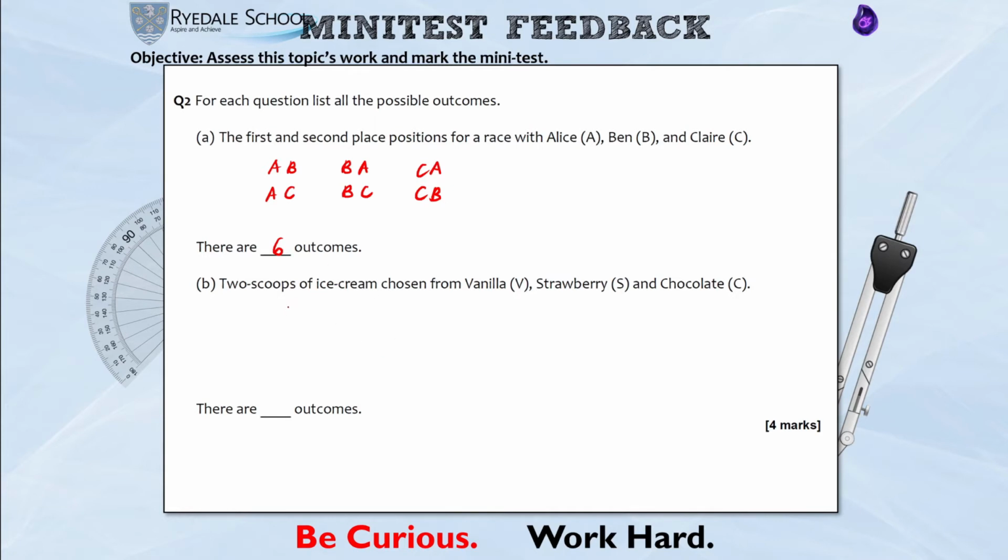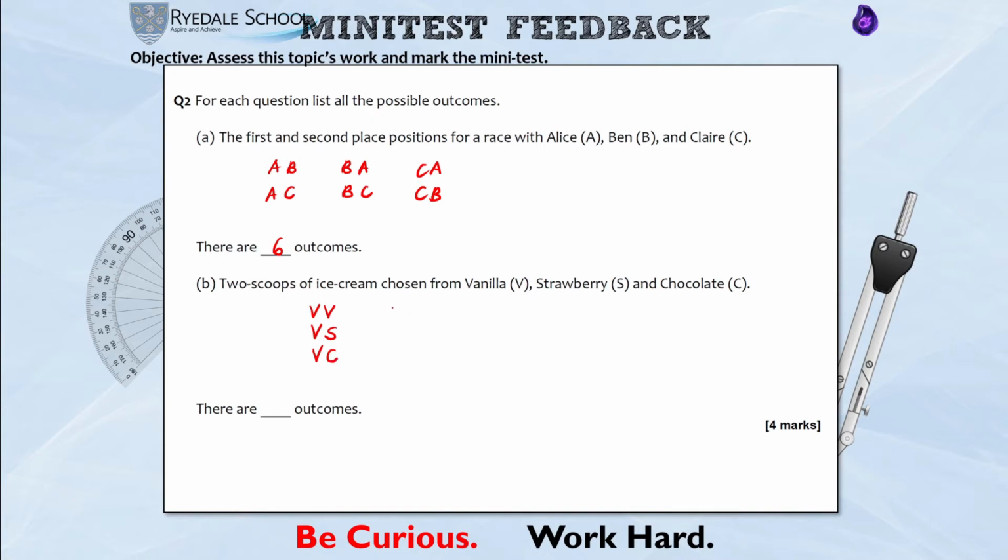Okay, B says 2 scoops of ice cream chosen from vanilla, strawberry and chocolate. Now this is different from A because you can pick 2 of the same flavour. So you can have vanilla and vanilla, vanilla and strawberry, vanilla and chocolate.